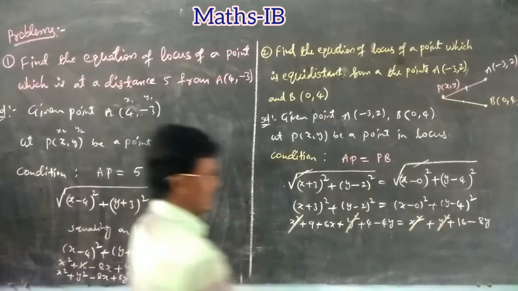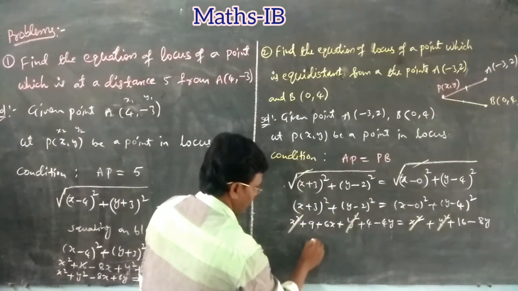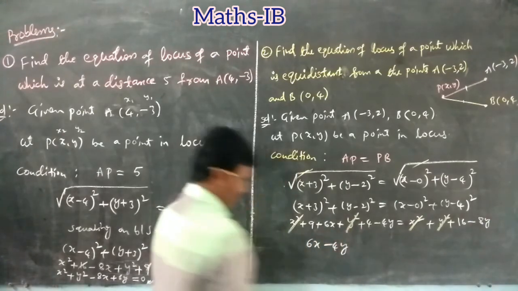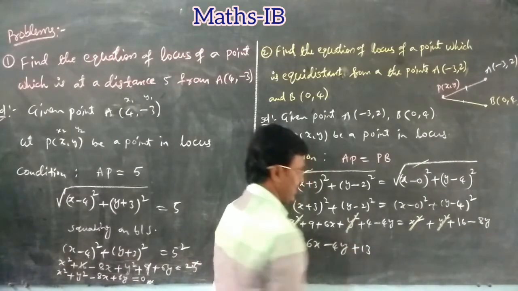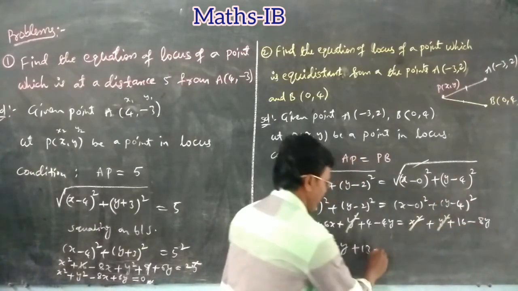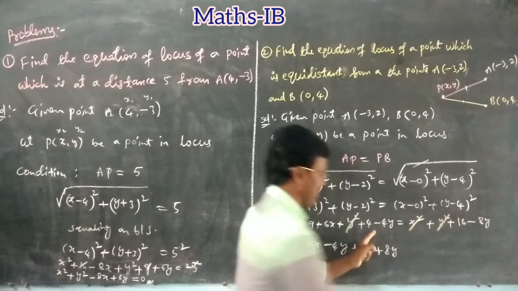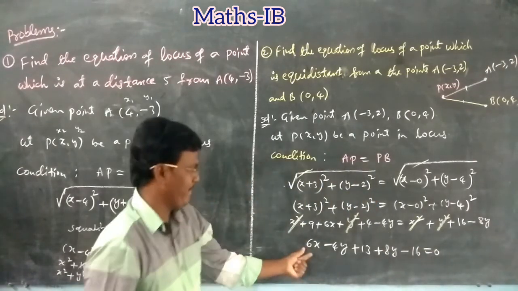Okay, right. So transfer the remaining values to the left side. So what are the values here? Well, I am writing in order. 6x minus 4y, 9 plus 4. 9 plus 4 is 13, plus 13. Or transfer this value. So minus 8y here, we transfer here plus 8y. 16 here, if we transfer to the left side it is going to be minus 16 is equal to 0. Right?